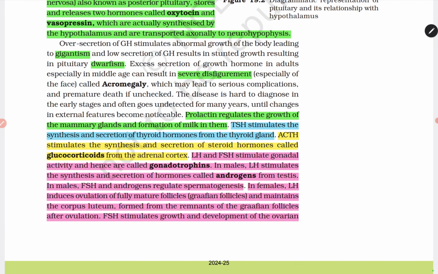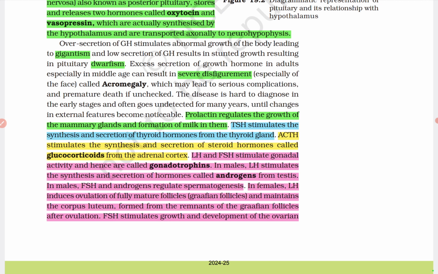Luteinizing hormone and follicle stimulating hormone stimulate the gonadal activity and are called gonadotropins. In males, LH stimulates the synthesis and secretion of hormones called androgens from the testes, and in males, FSH and androgens regulate spermatogenesis, that is the formation of sperm, the male gamete.